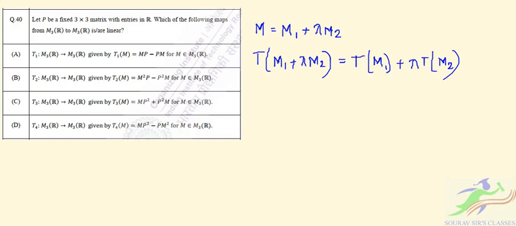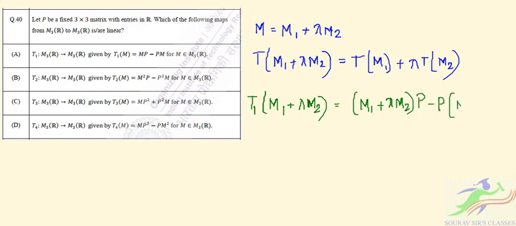If we do the mapping from M3 to M3, it will be linear. So we have to check with the following options. First one, we have to put for this T1. We can represent T1 of M1 plus lambda M2 as M1 plus lambda M2 times P minus P times M1 plus lambda M2.